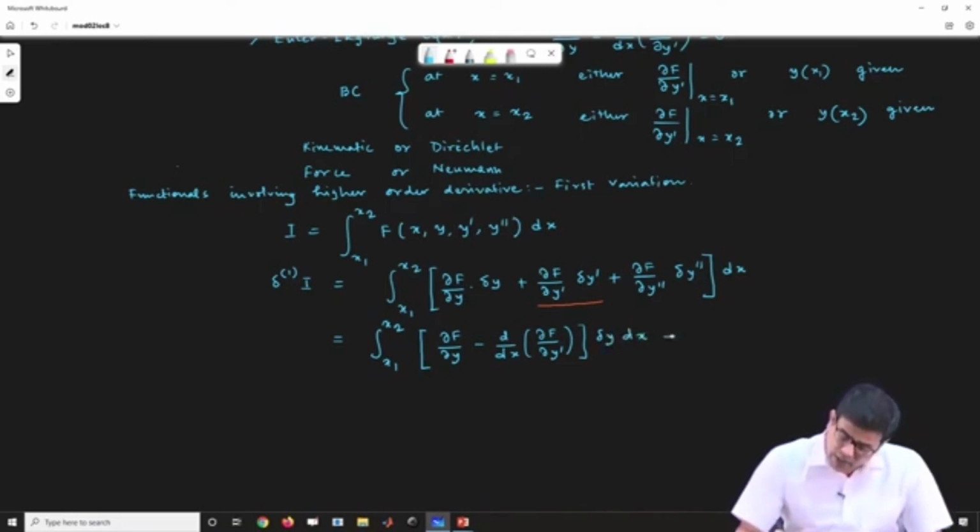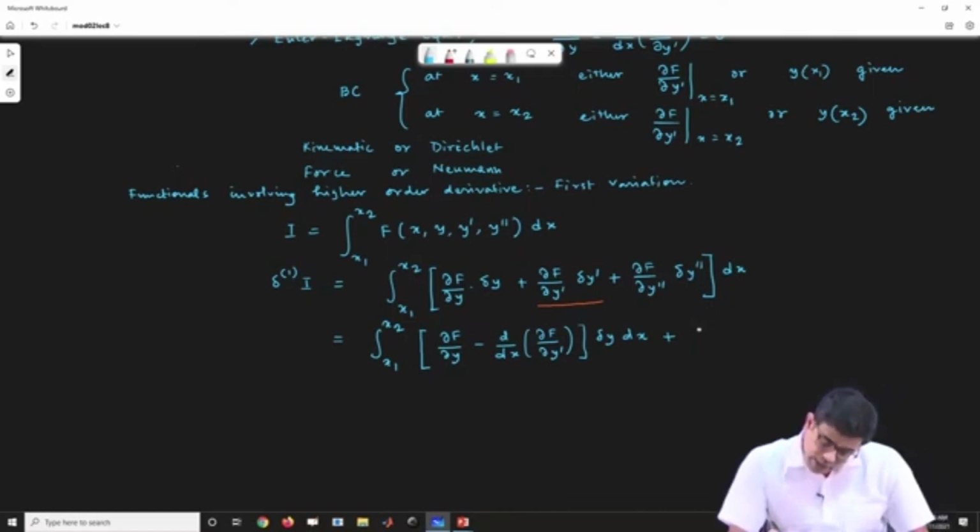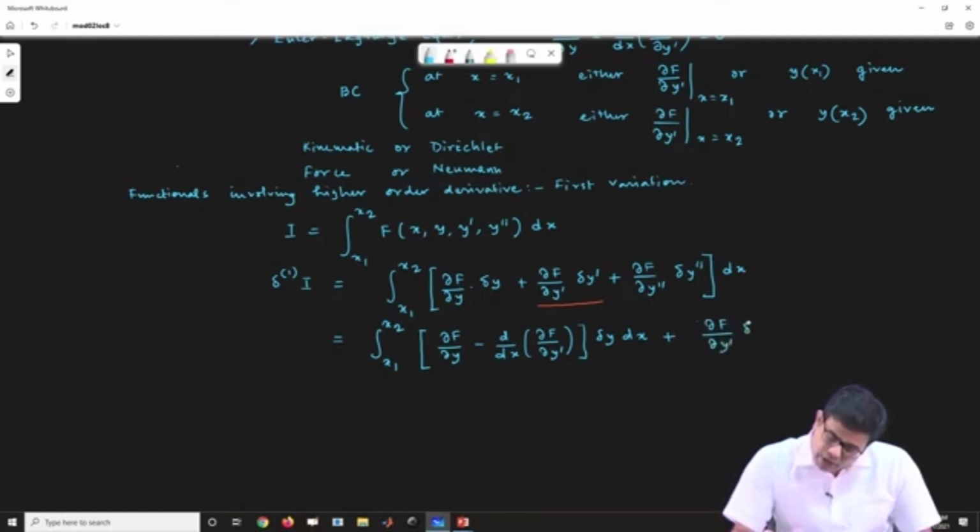Similarly, the boundary term also exists, that is dou f by dou y prime delta y at x equals x1 to x equals x2.